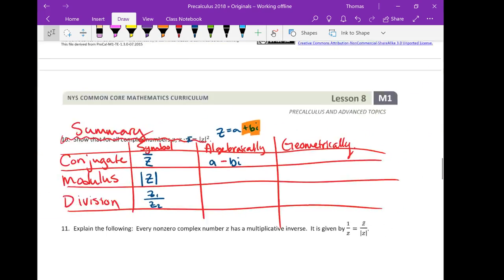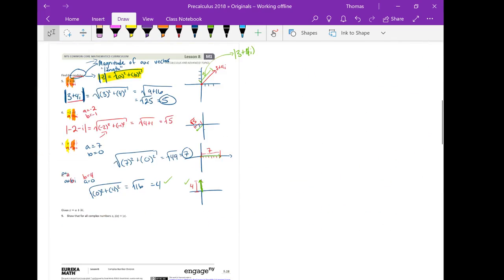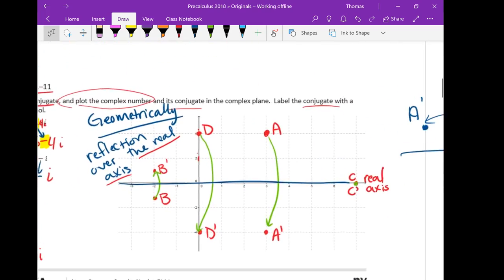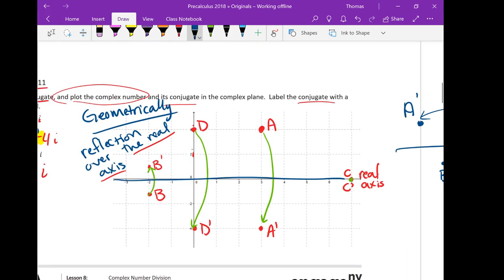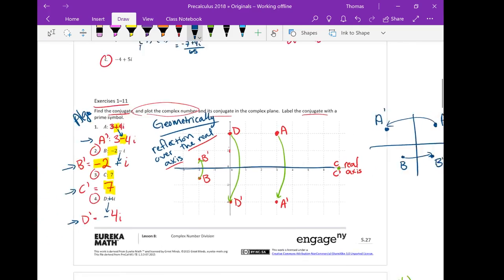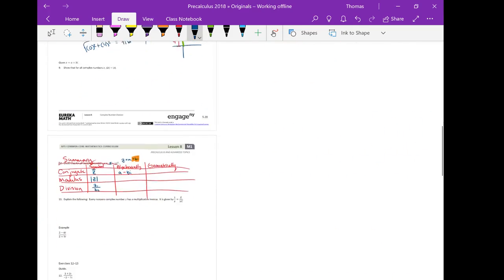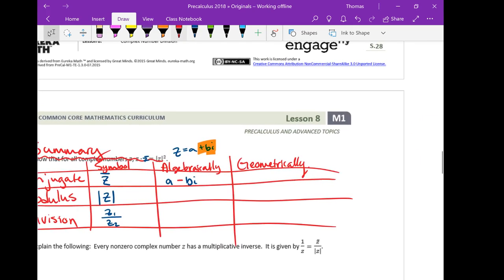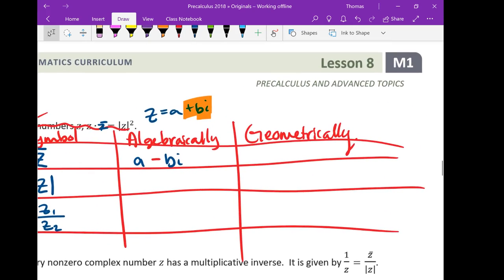Geometrically, for our conjugate, let's review back. It gave us a reflection, where our points moved from one side of the real axis to a point equidistant on the other side. So I'm going to fill this in: a reflection over the real axis.